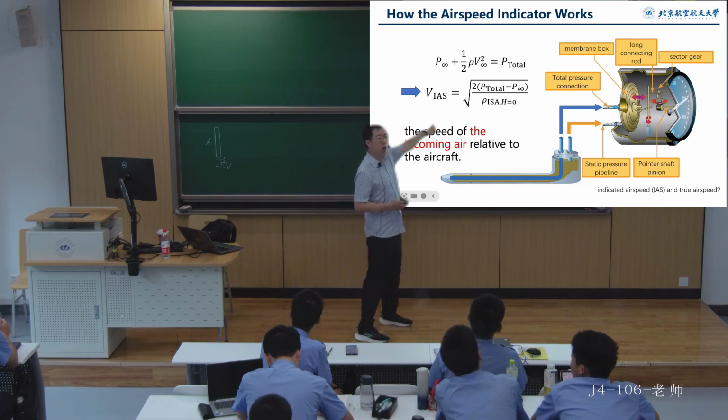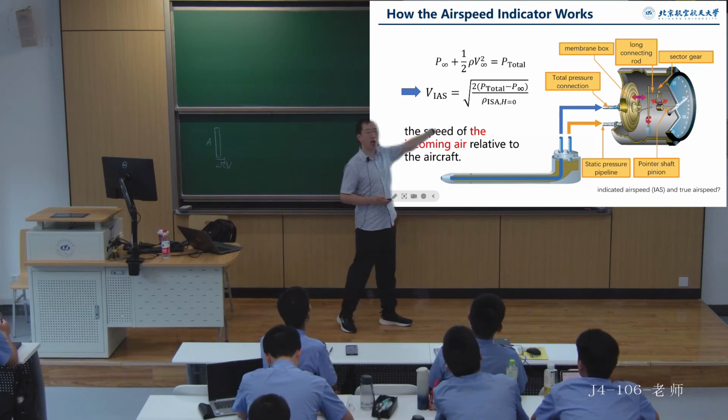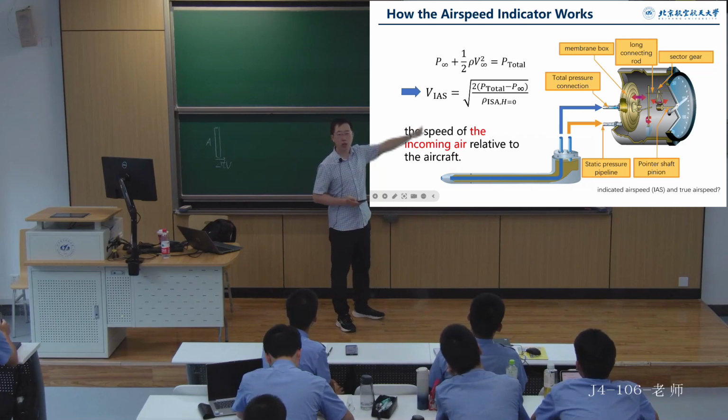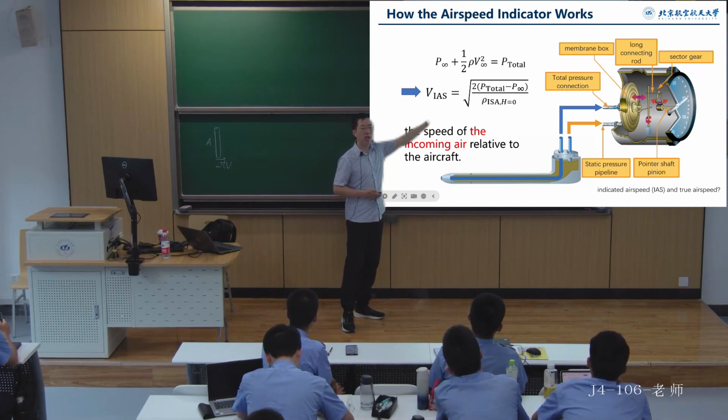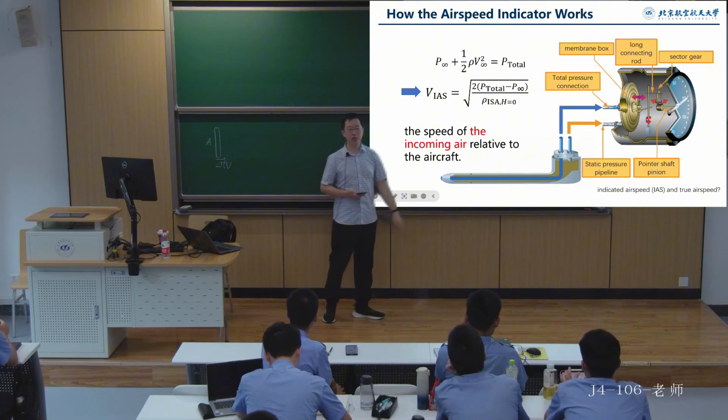True airspeed refers to the relative speed between our aircraft and the air. So, in windy weather, what is the aircraft's speed relative to the ground?